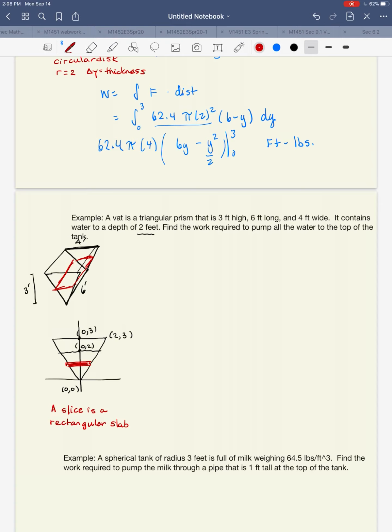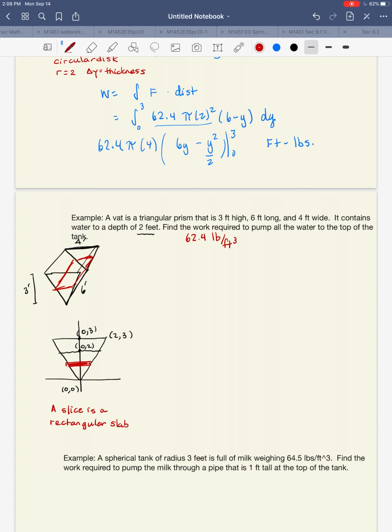We need to know the shape of the slice because we're going to take its volume, multiply it by our 62.4 pounds per cubic feet of water weight density, and get the total number of pounds.